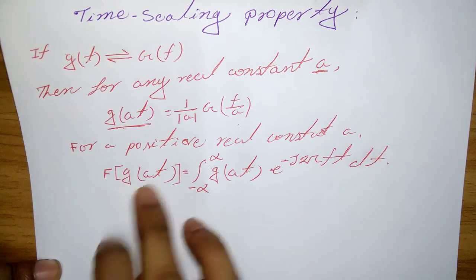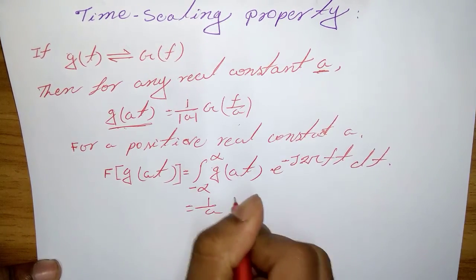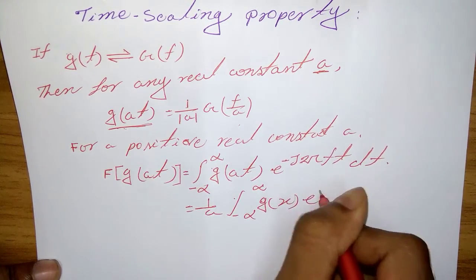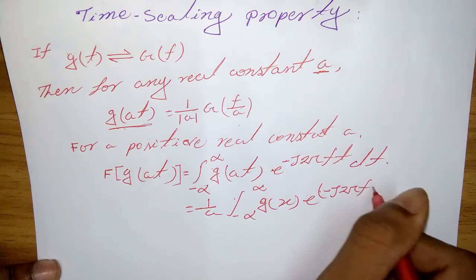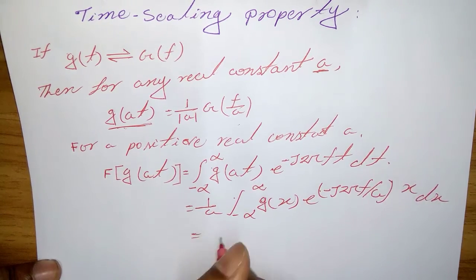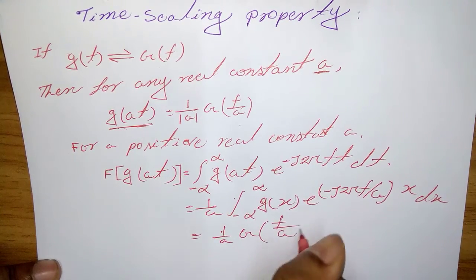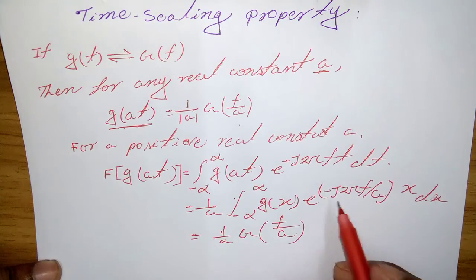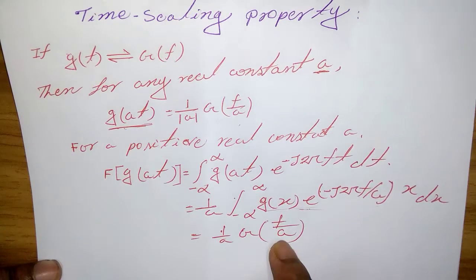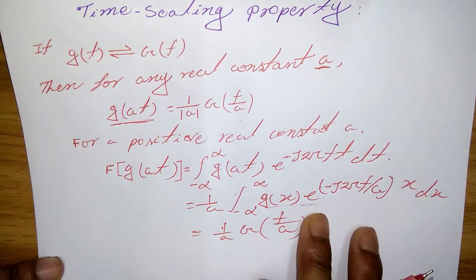After simplifying this equation, it will be 1 by a times the integral from minus infinity to infinity of g of x e to the power minus j 2 pi f by a x dx, which equals 1 by a G of f by a, because the value of this is G of f by a. Clear?